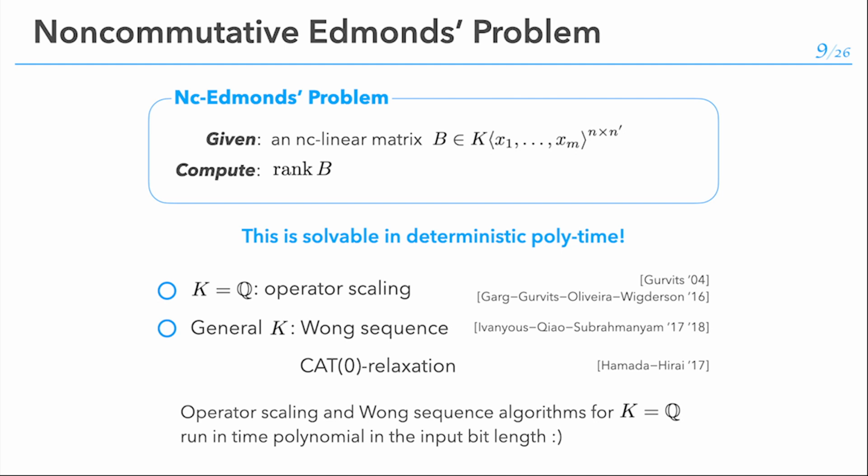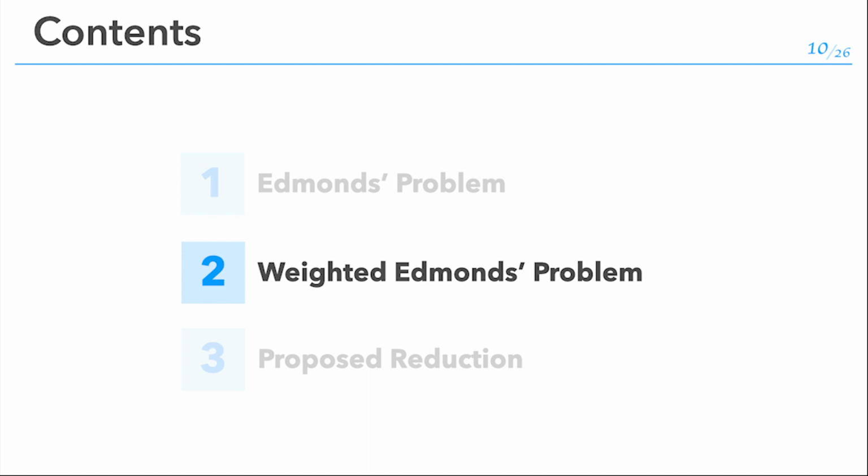In addition, operator scaling algorithm and Wong sequence algorithms for K equal to Q run in time polynomial in the input bit length. Yeah, so very nice algorithms. And this is the end of the first section.